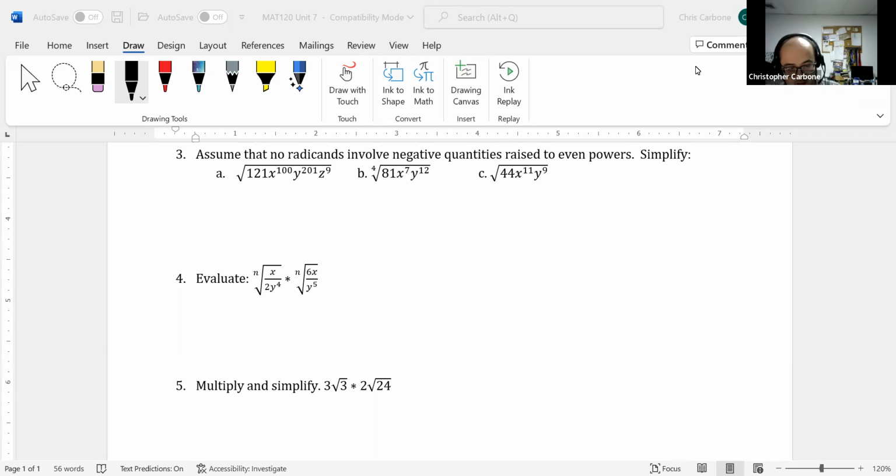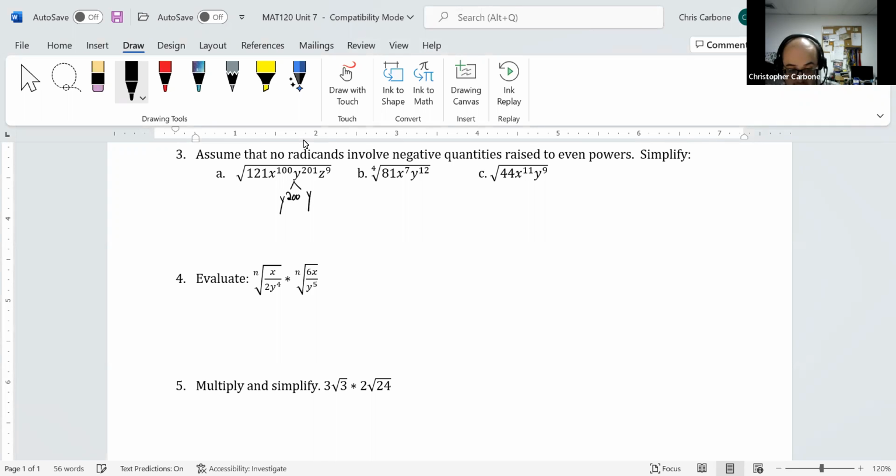The square root of 121 times x to the 100th power times y to the 201st power times z to the 9th power. 121 and x to the 100 are perfect squares. For the y to the 201, we could separate this between y to the 200, which is a perfect square, and y to the first.